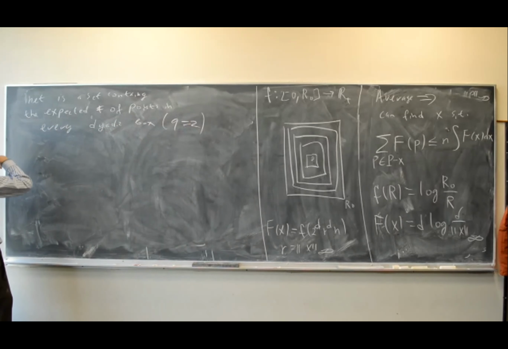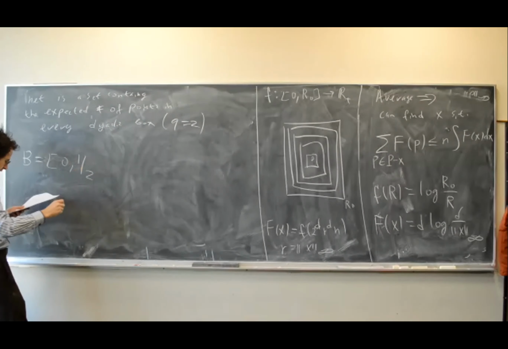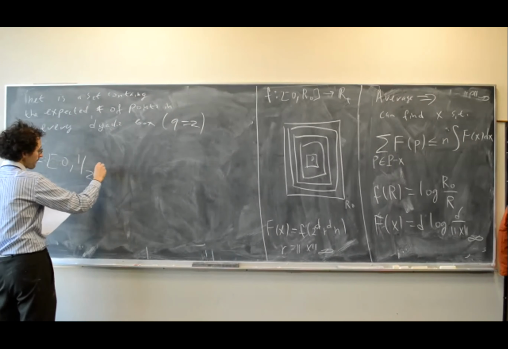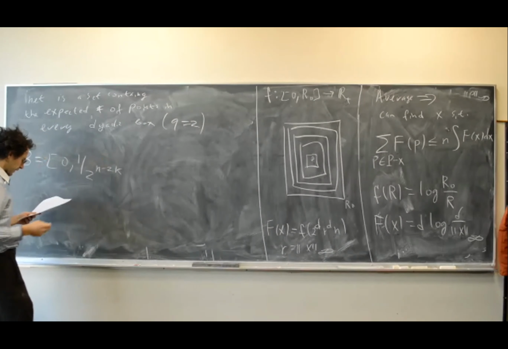So what am I going to do? We're going to first pick some small box. Let me just make sure I get it right. So take some box which is 2 to the n over 2k for some value of k.